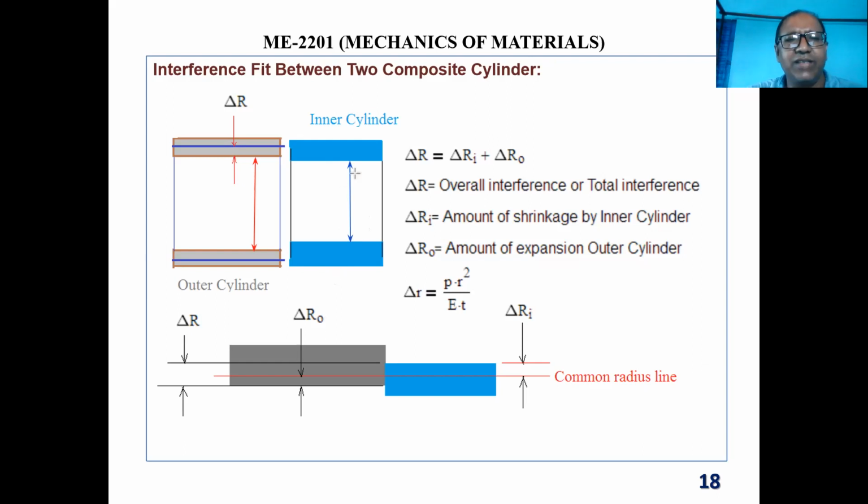Now what is the outer diameter? From here to here. You cannot put this one inside of this one, because this outer diameter is higher. What is the interference? The interference, you see, is this much, delta R.